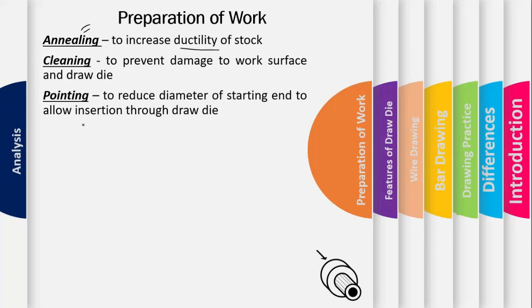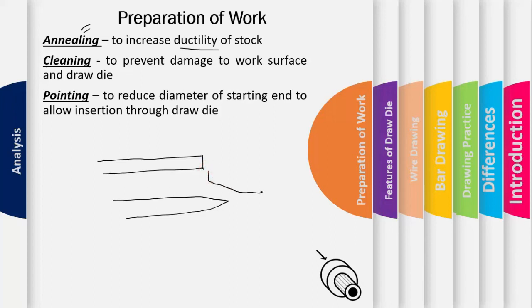And the pointing, as we know, the die or the wire is flat from the beginning, so we create some pointed surface like this one. So once we have the die region like this one, these draw dies can be fed easily with the wire or the bar into the die cavity.